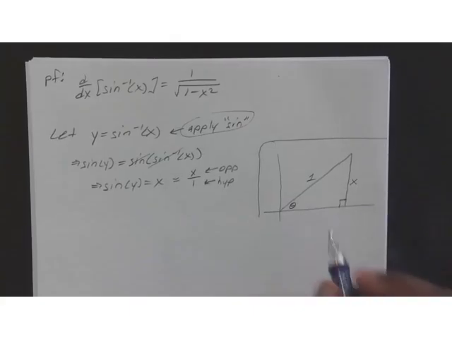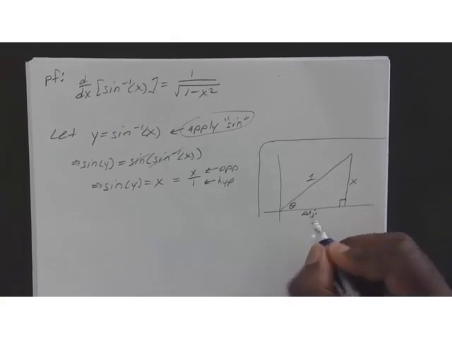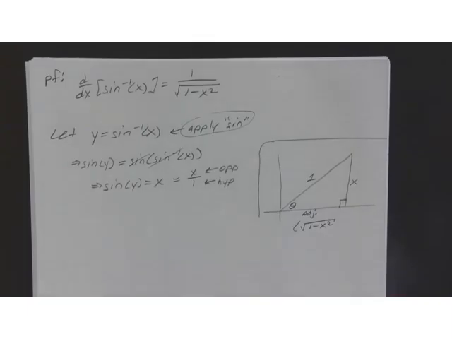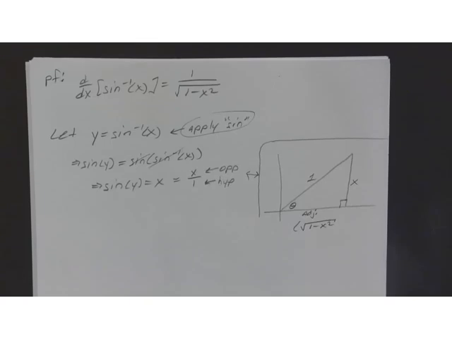So if we use the Pythagorean theorem, we can solve for our adjacent, which is the square root of 1 minus x squared. Okay, so we were able to come up with this triangle knowing our sine of y.